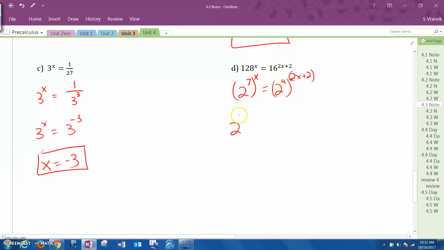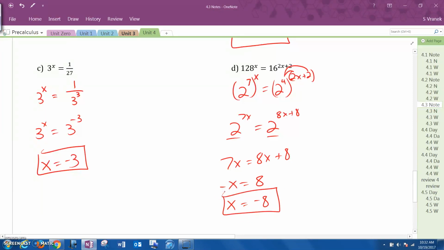So you end up with 2 to the 7x is equal to 2 to the 8x plus 8. You have to distribute that 4. Now that our bases match, we can set the exponents equal. Final step, let's solve for x. Move the negative 8 over, so we get negative x is equal to 8. Divide by negative 1, x equals negative 8. And there we go.